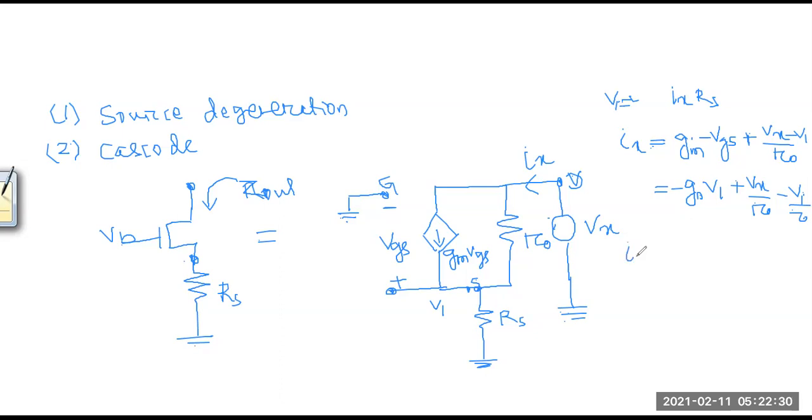So Ix is equal to minus Gm V1, which is Ix into Rs, plus Vx by R0, minus Ix into Rs by R0.